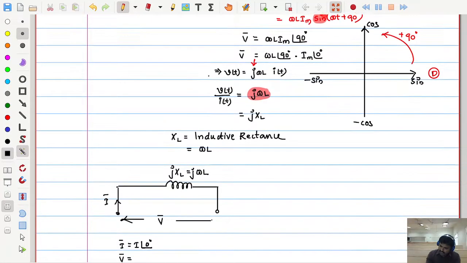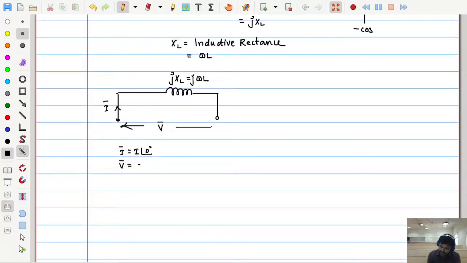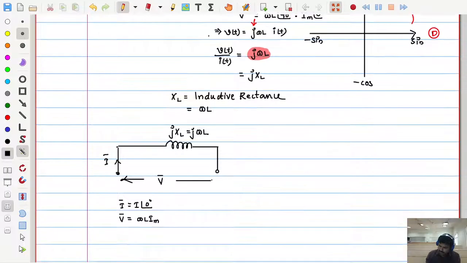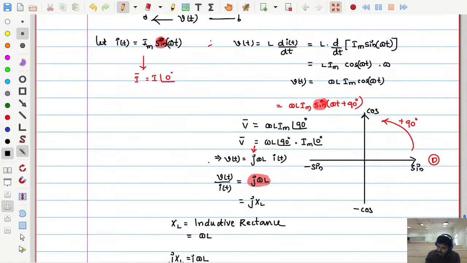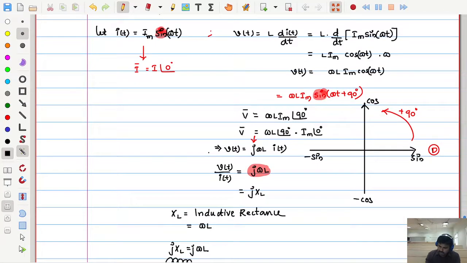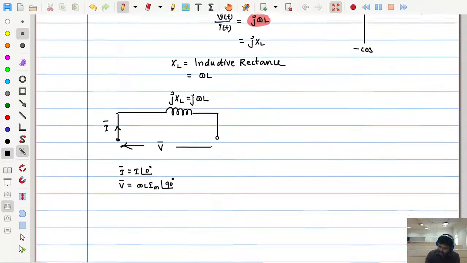How much is V bar? V bar, I can consider this entire thing, omega L into Im, at an angle of 90 degrees. I am using everything in peak value, so no issue.